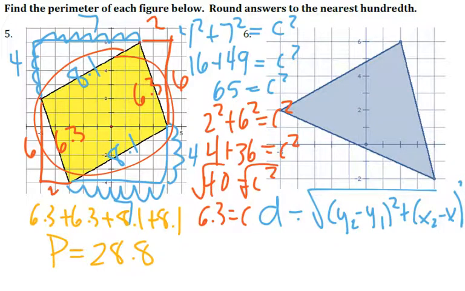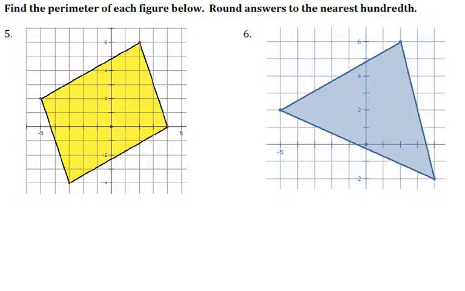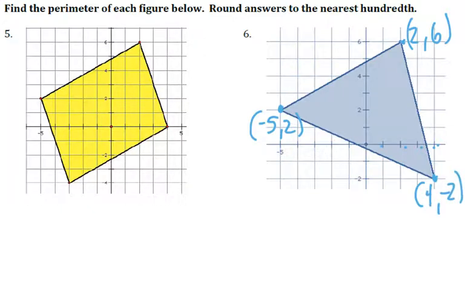Okay, if we wanted to use the distance formula, we'd find their points. So that point is negative 5, positive 2. That point is positive 2, 6. Then this point is 1, 2, 3, 4, positive 4, negative 2. Okay, so then I do the distance formula 3 times.